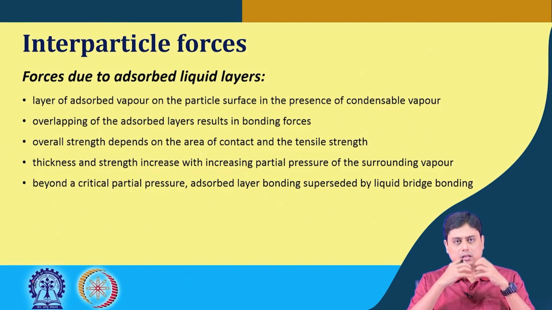So the bonding strength is dictated by the area of contact and its tensile strength. The thickness of this adsorbed layer and its strength increase with increasing partial pressure of the surrounding vapor. And beyond a critical pressure, this adsorbed layer forms the liquid bridges.